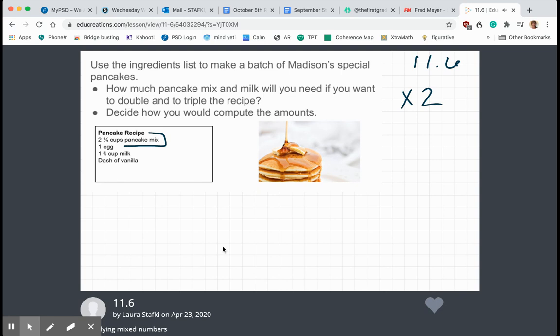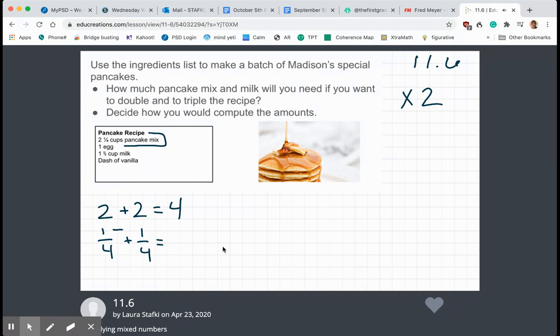Okay, I have a couple different ways I'm guessing you might have done this. First of all, you might have thought that I could add my whole numbers and then add my fractions. Now, remember, when you add fractions, it's a little different than multiplying fractions.